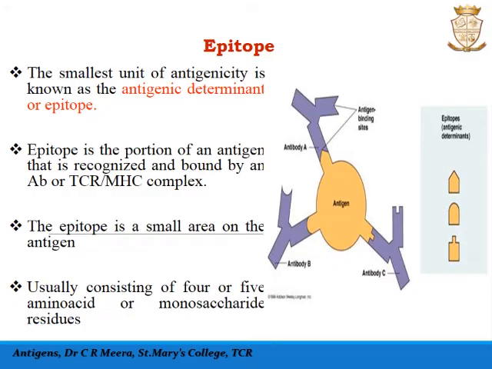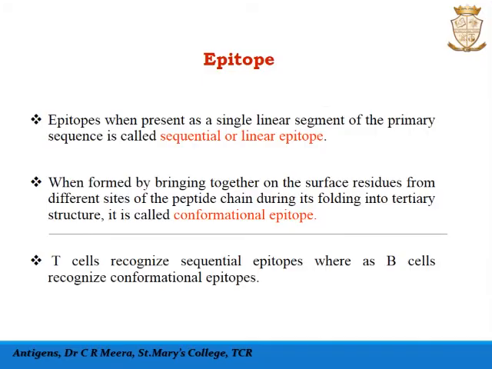Epitopes can occur in different conformations. Based on that, epitopes are of two types, namely sequential epitope and conformational epitope. When the peptide chain of the epitope is occurring as a single linear segment, it is known as sequential epitope. It is also called linear epitope.